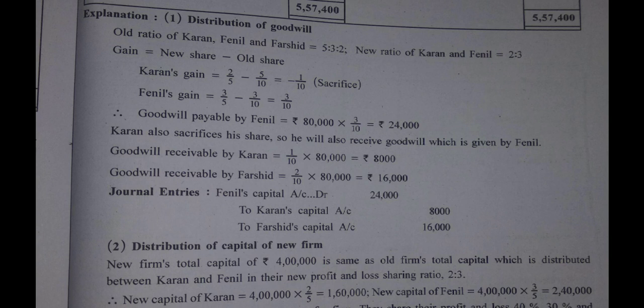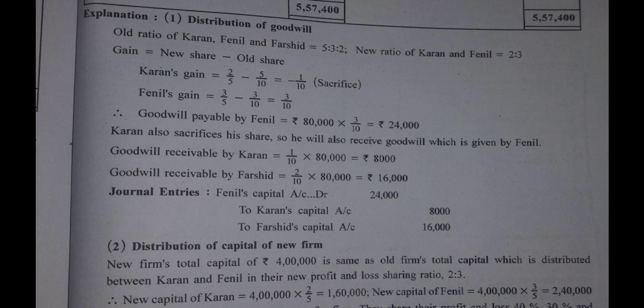And as per this, the amount of goodwill payable to Farshid will be 80,000 into 2/10. You can see the old ratio is mentioned, 5:3:2. On this basis, you will obtain the amount of goodwill payable to Farshid, and you will write down the necessary journal entry, the only one, and you will post it accordingly.